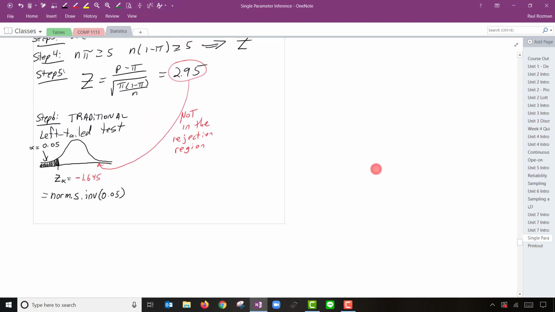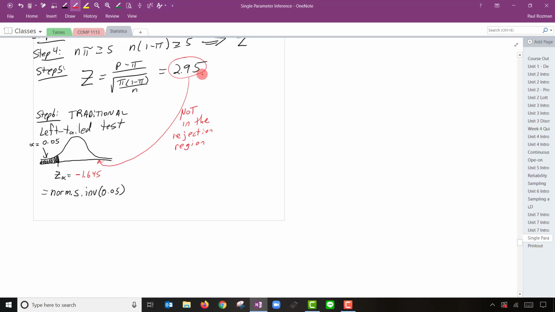We're going to fail to reject the null hypothesis, even though we kind of got in the habit of saying, well, 2.95, that's a weird Z score. It's weirdly high, but we don't care about weirdly high Z scores in this left-tailed test. We only care about weirdly low ones. So this is not that unusual under this assumption.